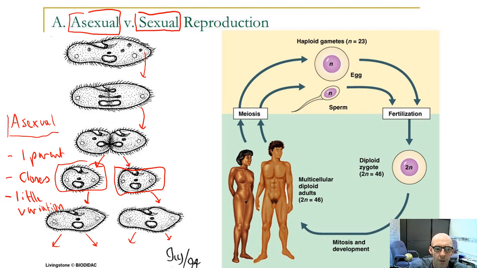Now the opposite of asexual reproduction is where you have two parents. So here we have a mom and a dad, and they are both providing, through meiosis, and we'll come on to that, the dad is providing some genes, the mom is providing some genes in the nucleus of the egg.